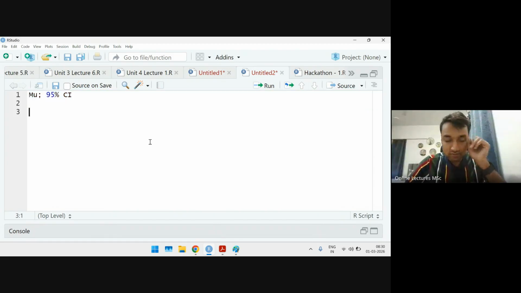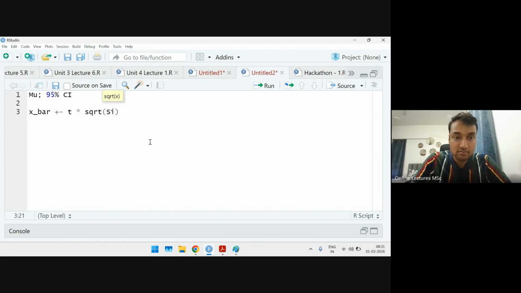Fair enough. So Bhavani said, sir, we don't know the distribution. At least in your theory, you have studied X bar plus minus whatever is that Z quantity or the T quantity. Let's keep it T only. You have the T quantity into sigma by root 10.